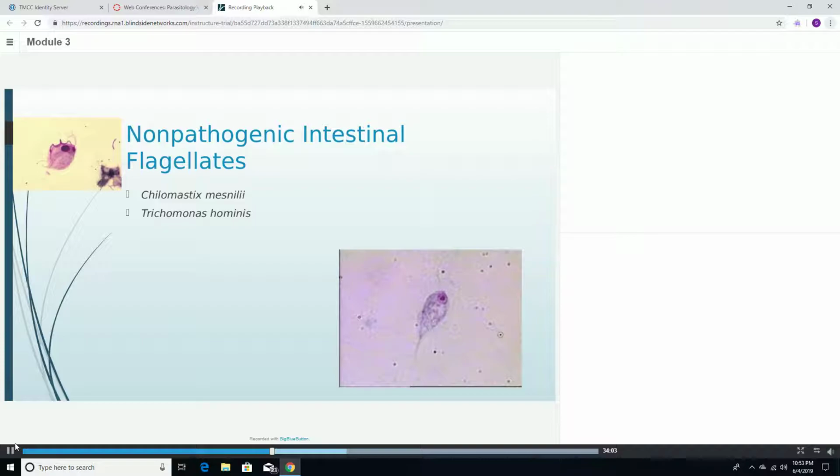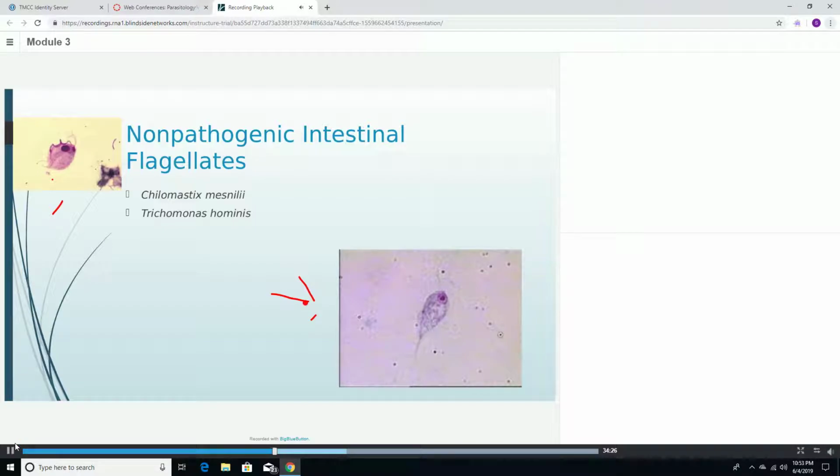So we have some non-pathogenic intestinal flagellates, and I just included some pictures here of these organisms so that you know what they are. We have Chilomastix mesnili, and that's the troph stage that you see at the top of the slide, and then we have Trichomonas hominis at the bottom end of the slide.